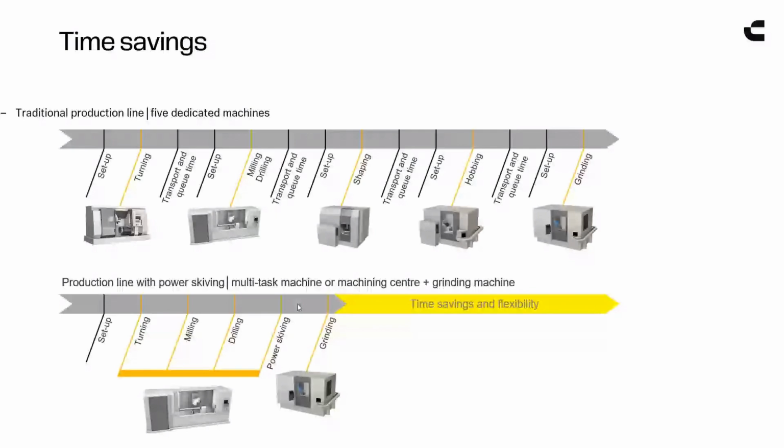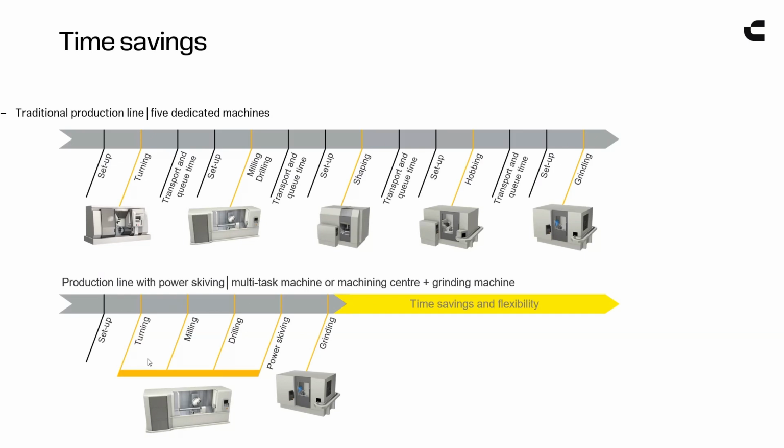And showing this slide again that we showed at the beginning of the presentation, as it pertains to power skiving, you can see that you no longer need the shaping machine. You no longer need a hobbing machine. Maybe you just need a grinding machine if there are close tolerances that you need to hold, but you can basically turn, Y-axis turn, simultaneous B-axis turn, 5-axis mill, swarf cut mill, point mill on a complex curved shape like turbo machinery.